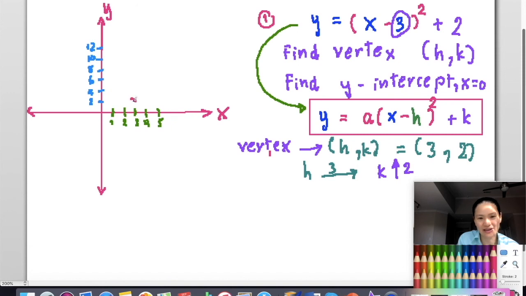Our vertex is here. I'll point it out for you. This one is our vertex.